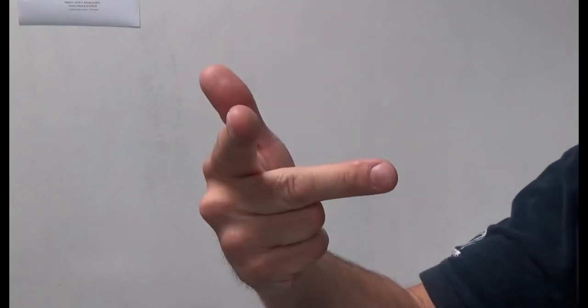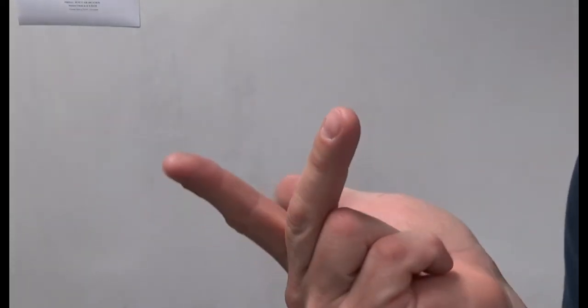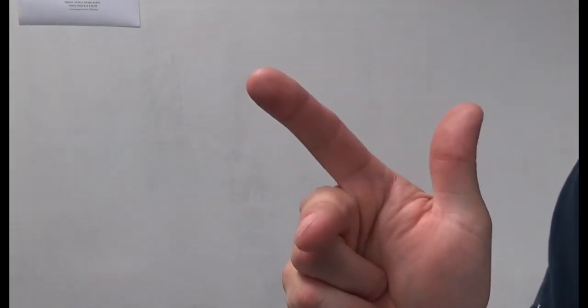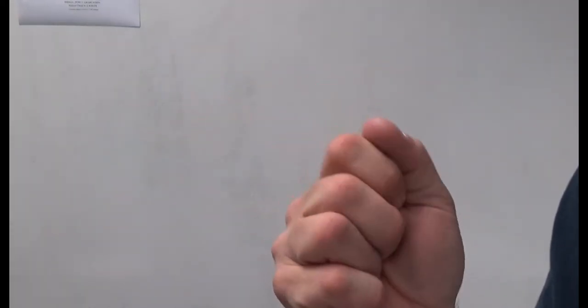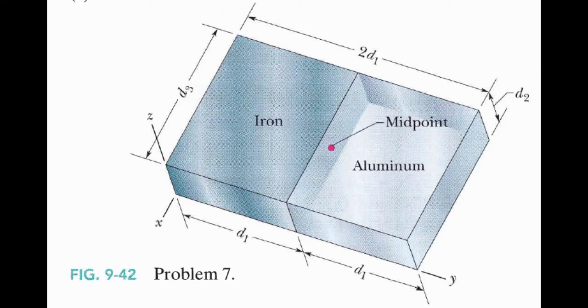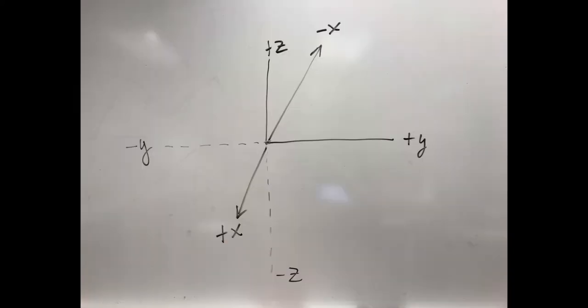So no matter how you orient it in space, that will always be the relationship between the positive x-axis, the positive y-axis, and the positive z-axis. X, y, z. And if we look at how the coordinate system is shown in the problem, this is how our hand would be oriented, and here's our coordinate system.